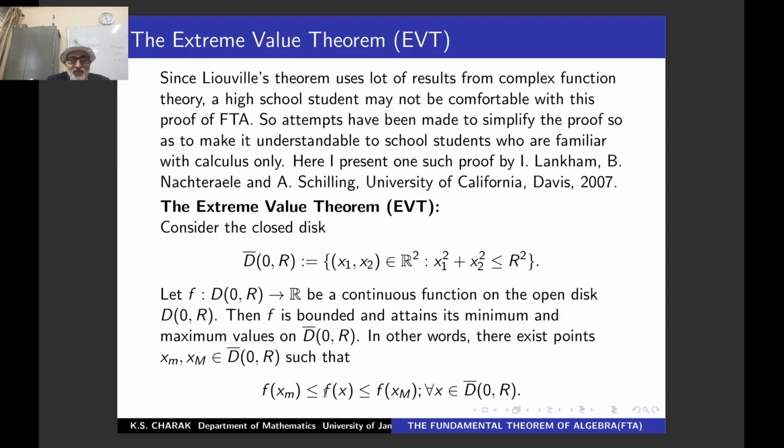All the values at points in the disk lie between f(x_m) and f(x_M). These are the extreme values. The extreme value theorem says that the extreme values are attained by a continuous function on the closed disk with center 0 and radius r.